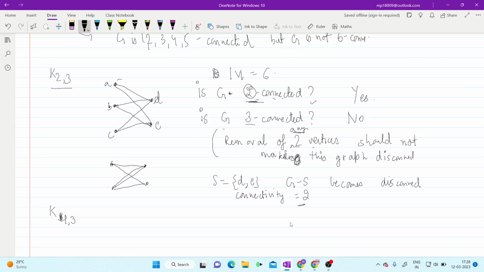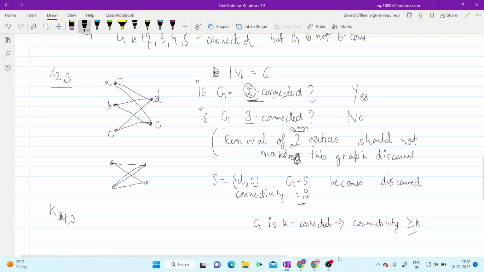Basically, if G is k connected, then connectivity is greater than or equal to k, because connectivity is the maximum such k.